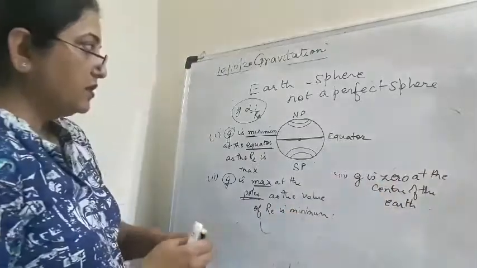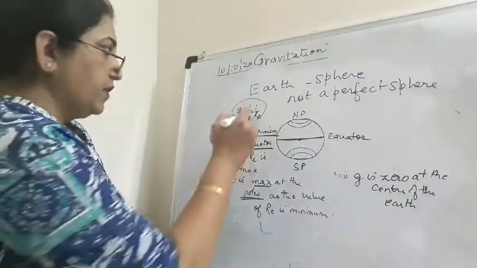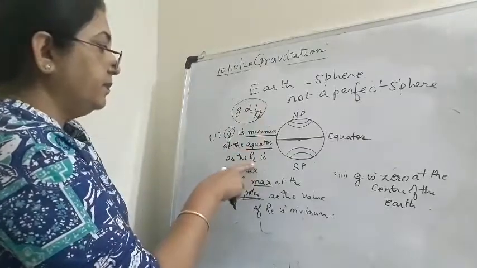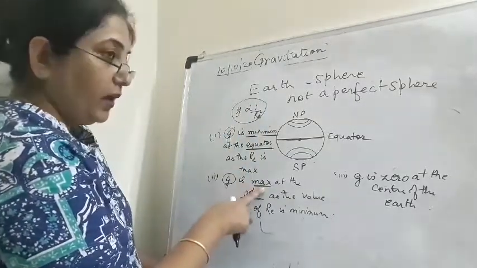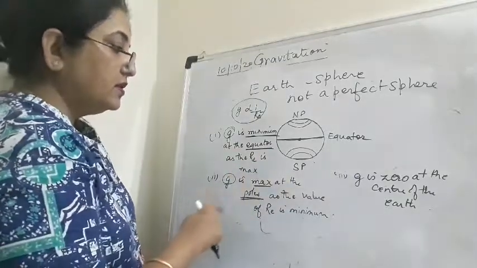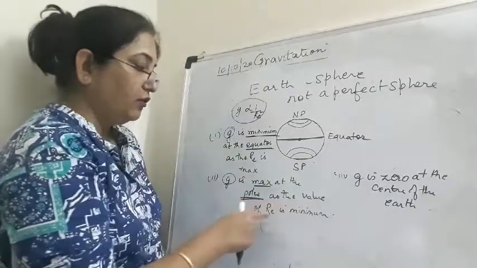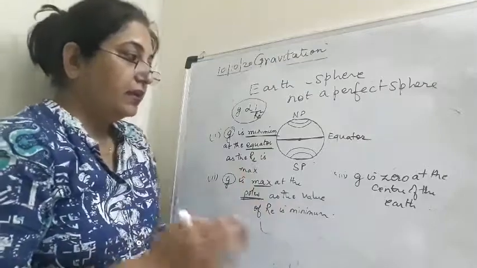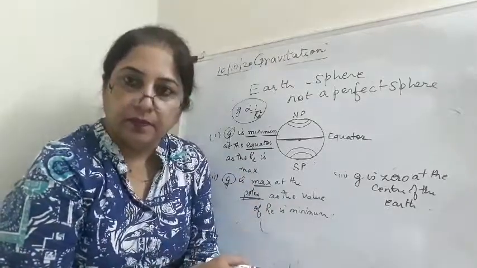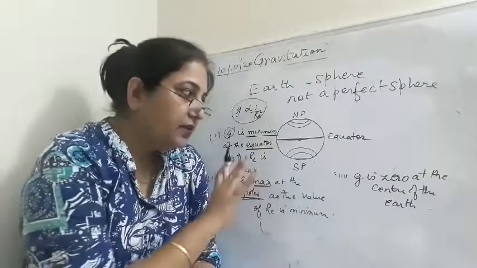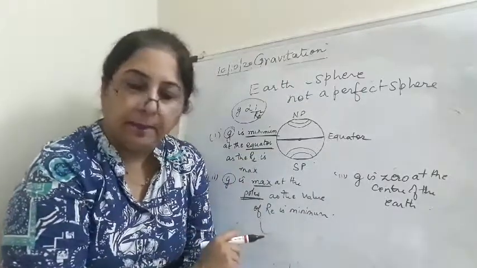As G is inversely proportional to the radius of the earth, when the radius of the earth is maximum, G is minimum. When G is maximum, at the poles, because the length of the radius RE is minimum. And the third point is G is 0 at the center of the earth. Okay, so remember that these are the important points about G.